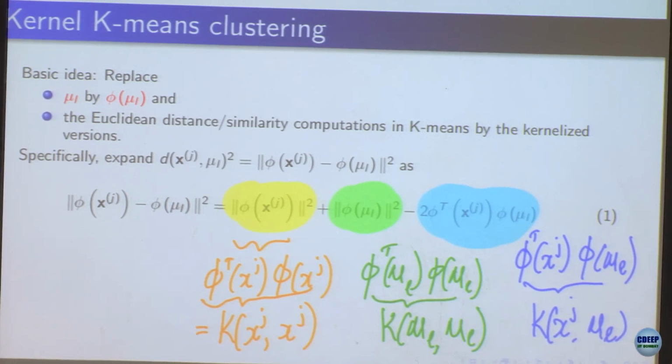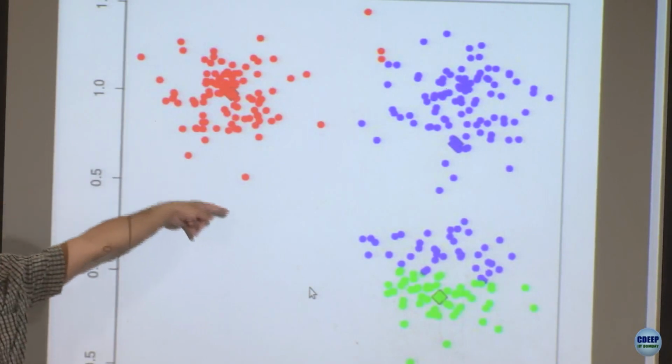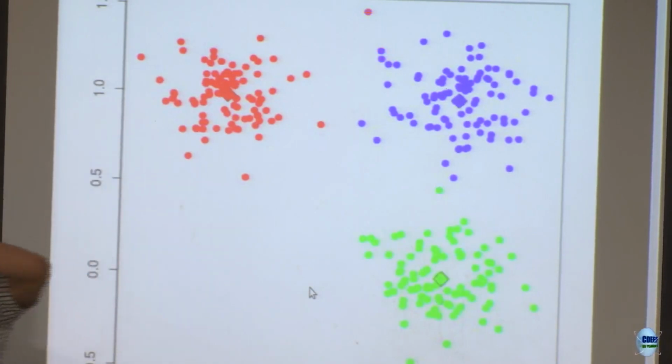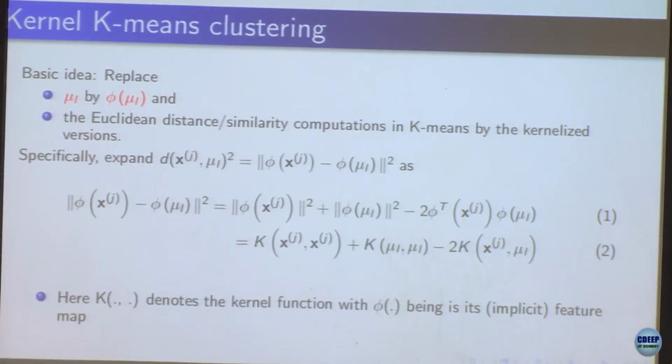But for the sake of convenience, I am going to still say that the cluster centers exist, but the cluster centers are in the x space. The phi's are never computed. I will directly compute the k. Right.